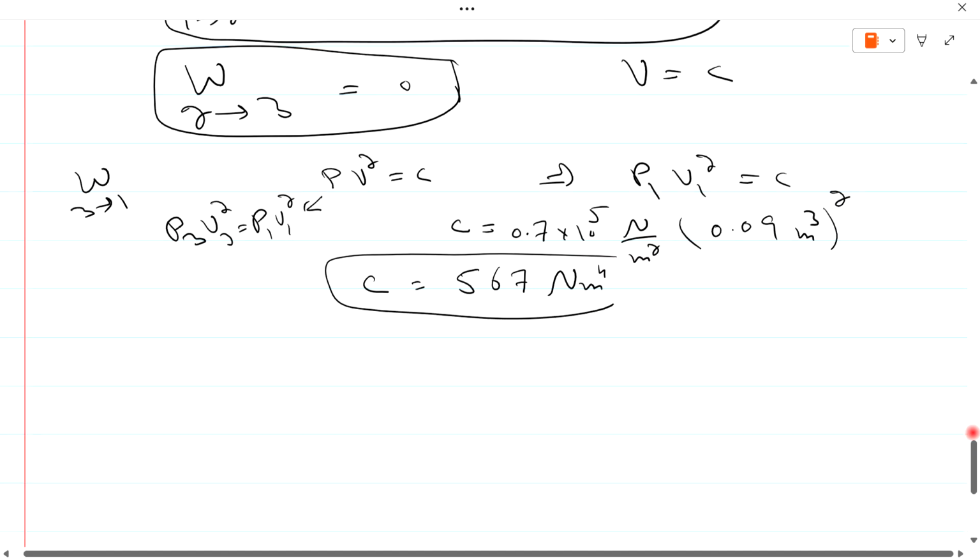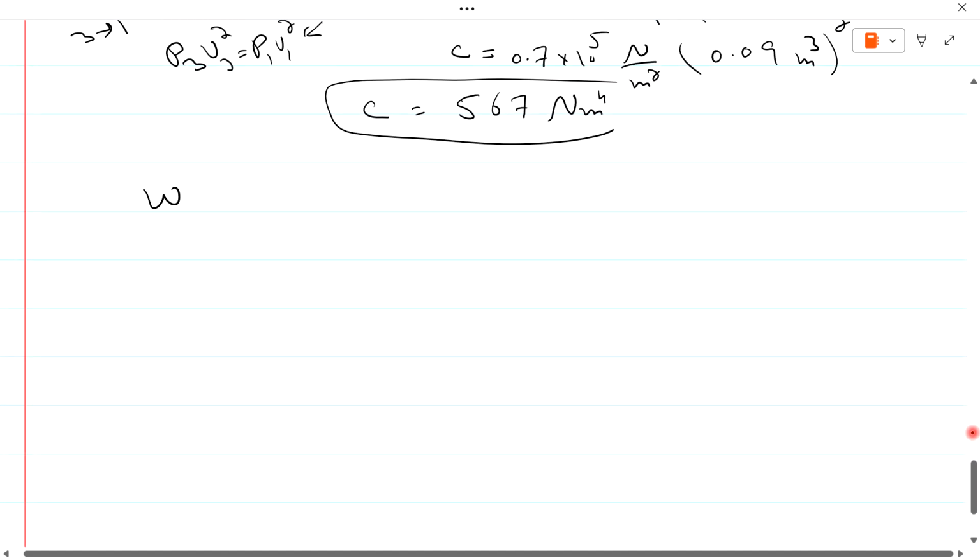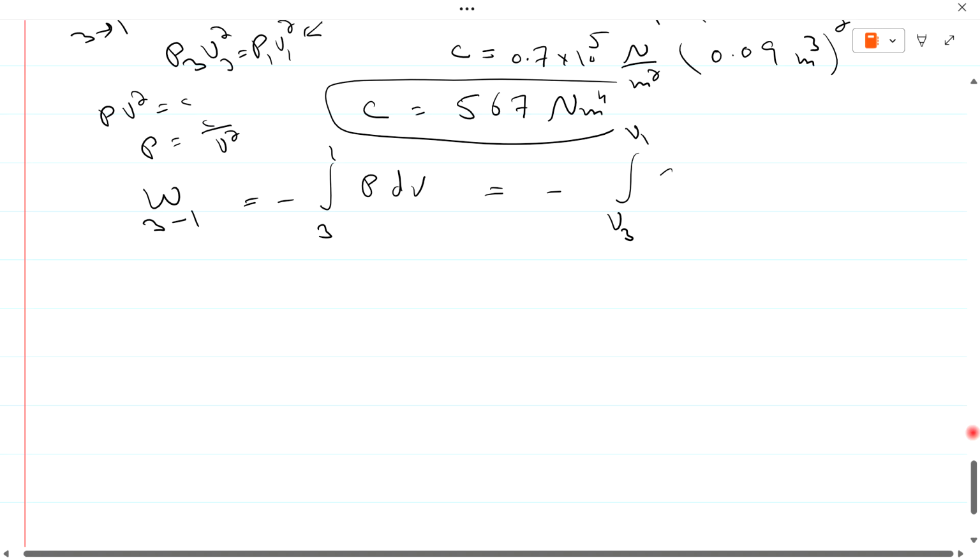Now work done from 3 to 1 is equal to minus integral of 3 to 1 PdV. As PV square is equal to C, P is equal to C divided by V square. So put here lower limit V3, upper limit V1, and put P equal to C divided by V square dV.